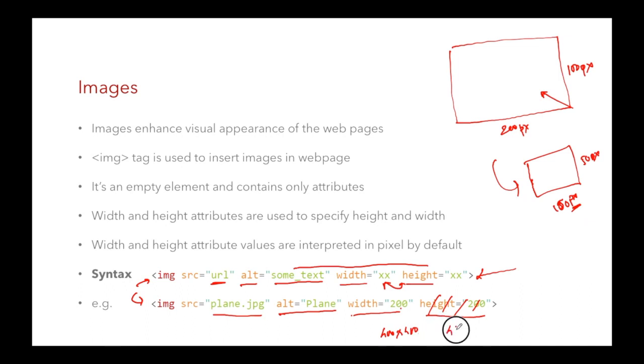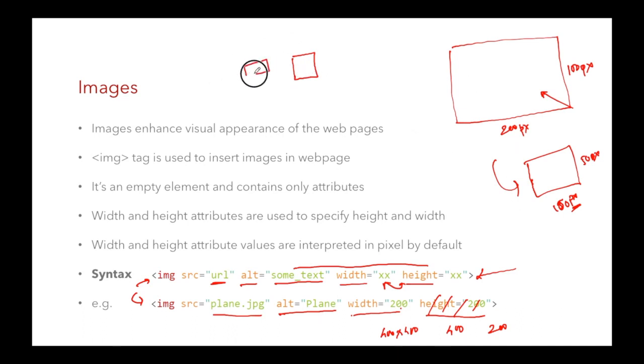You can also specify, let's say, 400 and 200 as the width and height explicitly. Now in this case, what is going to happen if your original image was 400 by 400 and you specify width as 400 and height as 200?